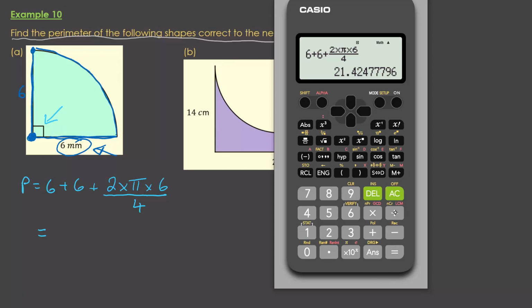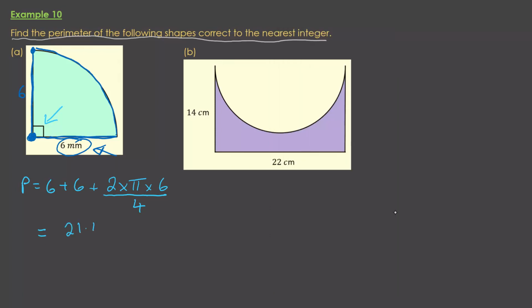That's 21.424 and so on. And because this is a 4, it's closer to 21. So to the nearest integer, that's 21 millimeters, and that is to the nearest integer.